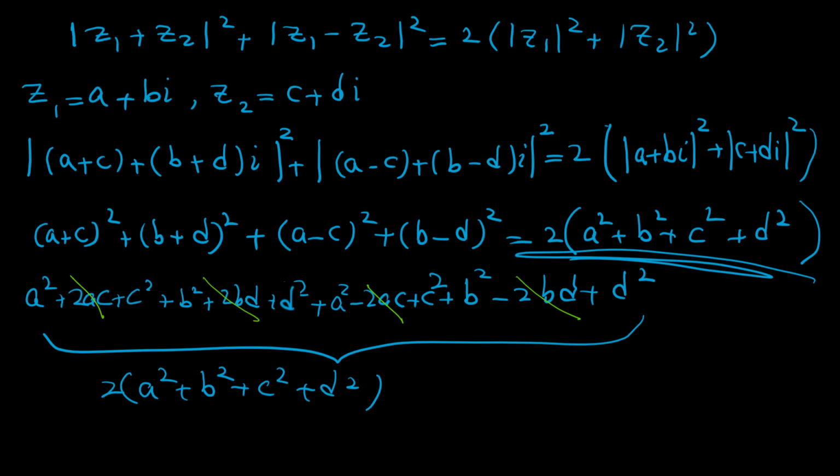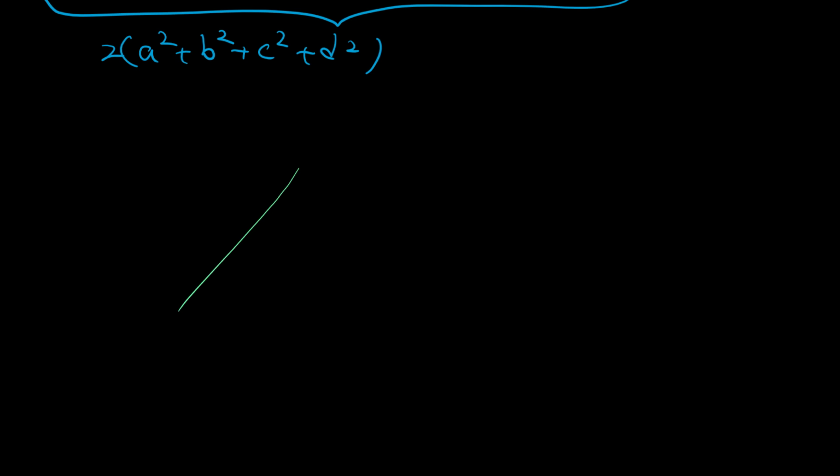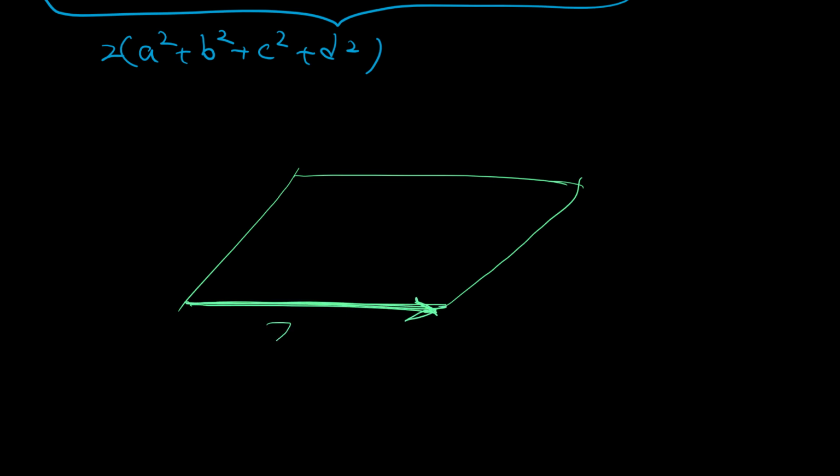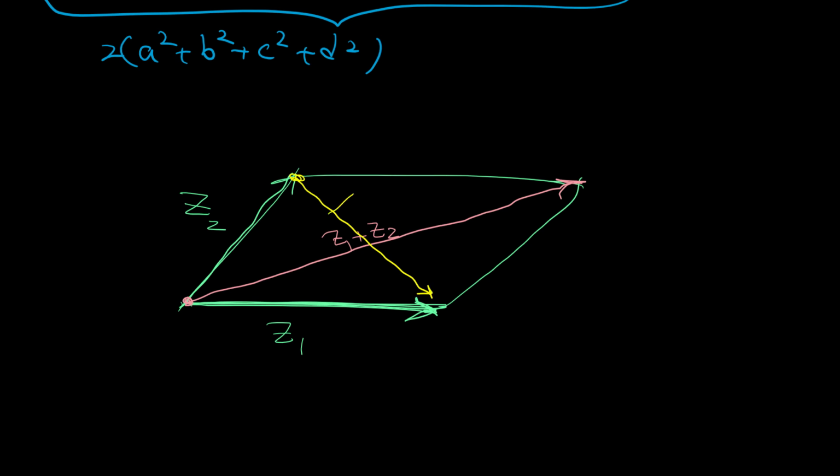But why is it named the parallelogram identity? If we draw a parallelogram here, and suppose this side of the parallelogram is Z1 and this side is Z2, then this diagonal of the parallelogram is basically Z1 + Z2, and this diagonal is Z1 − Z2.